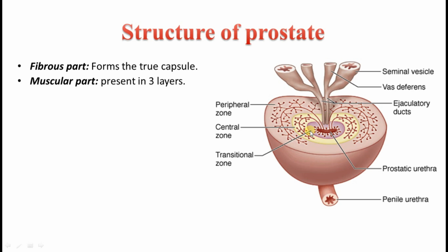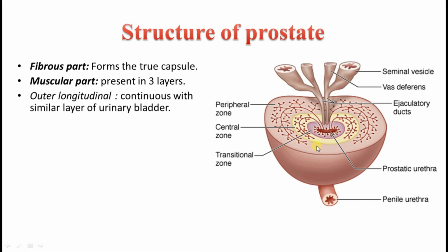The muscular part is present in 3 layers. One is the outer layer, which is outer longitudinal, continuous with the detrusor muscle of the bladder. Then you have an inner layer or middle layer, which surrounds the urethra completely.